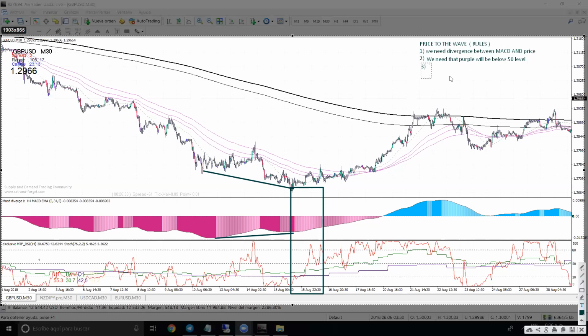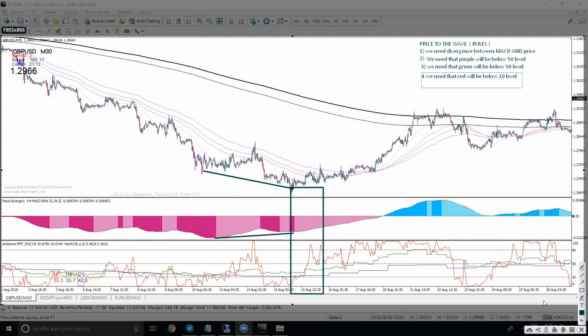Third, we need that green will be below the 50 level. And four, we need that red will be below the 20 level.